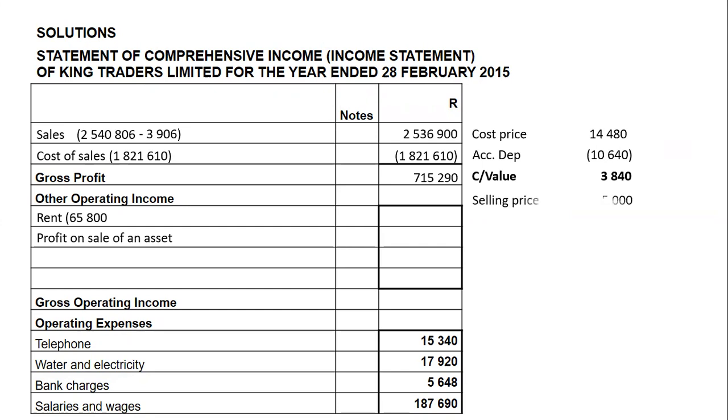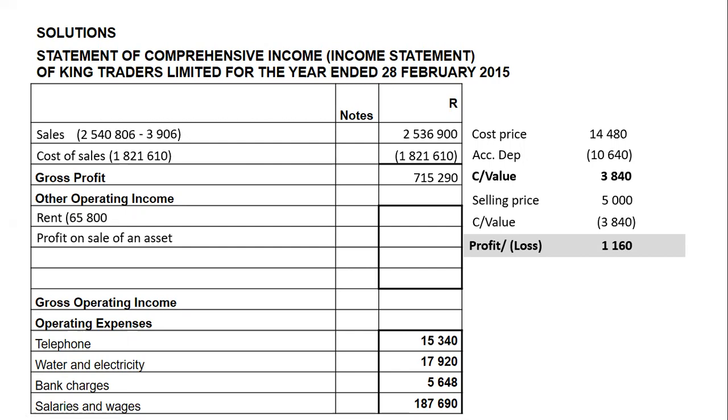But this asset was actually sold for 5,000. So when you take your selling price and minus your carrying value, it will give you a profit or a loss. If your selling price is less than the carrying value, it means that you made a loss, because the carrying value represents economic benefits. Basically, it's an asset. Those economic benefits, when you ultimately realize them, you will only realize 3,840.